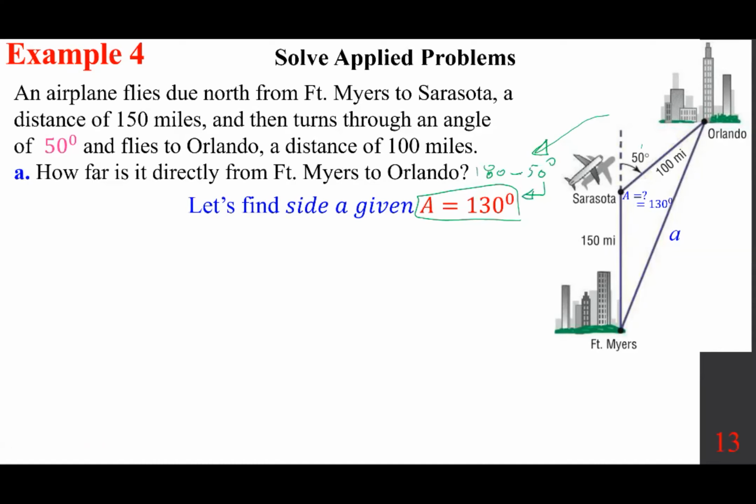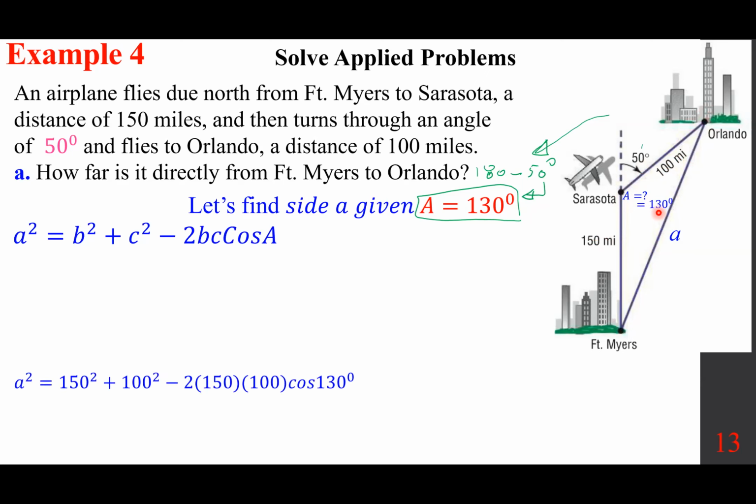That's how we arrive at it. So we use the cosine law, a squared equals b squared plus c squared minus 2bc cosine A, where a squared is the side we are looking for and it's missing. Then 150 squared plus 100 squared minus 2 times this number, 150 times 100, cosine A, which is cosine of 130 degrees.